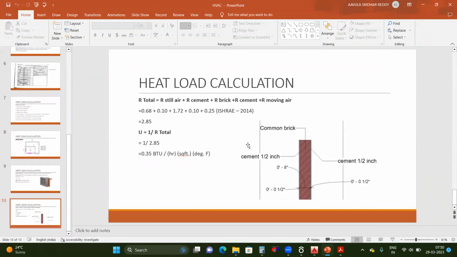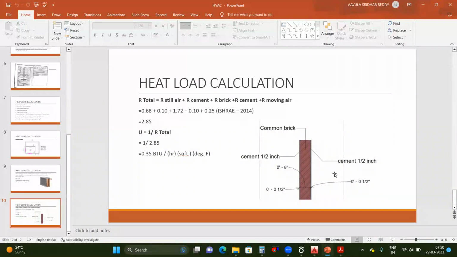For the U value calculation, this is the formula: R total. R total is nothing but resistance. R total equals R still air plus cement plus brick plus cement plus moving air. This is our 9-inch thickness brick wall.